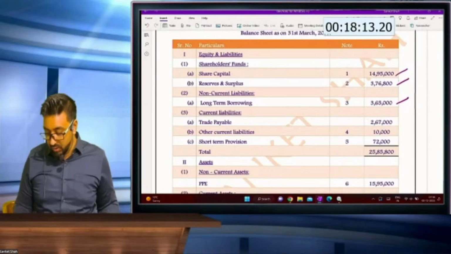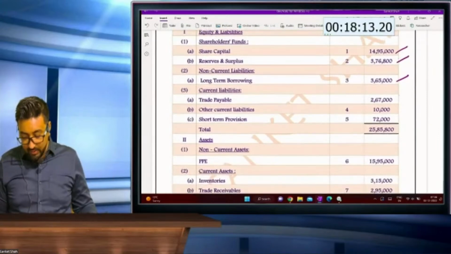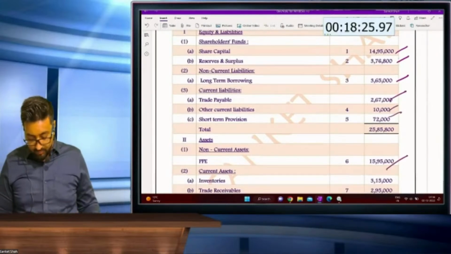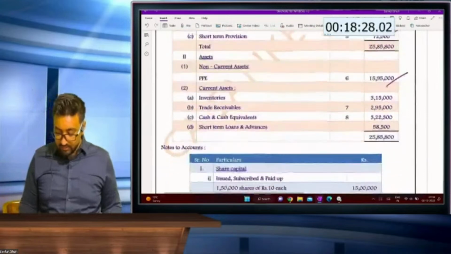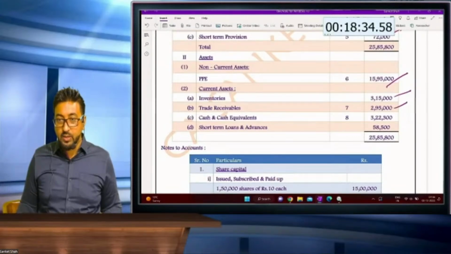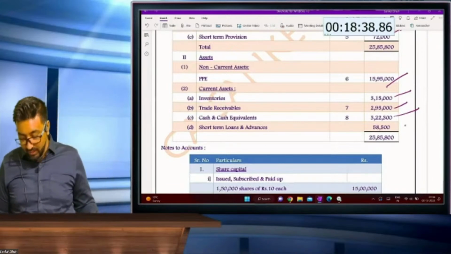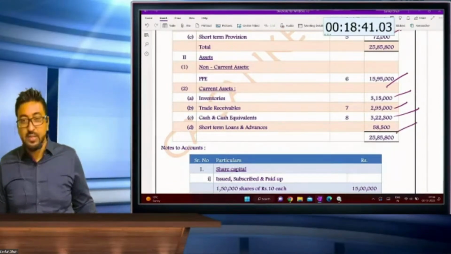Trade payable 2,67,000. Other current liability 10,000. Short-term provisions 72,000. Assets: PPE 15,95,000. Inventory 3,15,000. Trade receivable 2,95,000. Cash and cash equivalent 3,22,300. And short-term loans and advances 58,500.